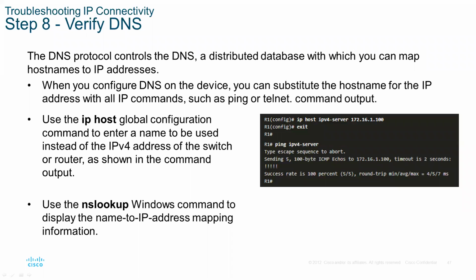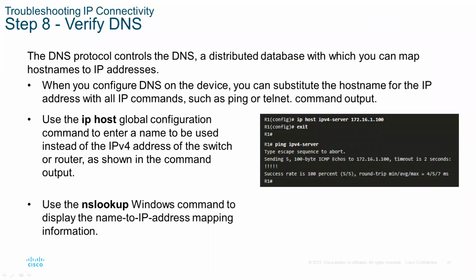Like we would create an IP host R1 and then list the IP addresses associated with R1. That way we could ping R1 and it will rotate through those addresses and allows us to get away with not remembering all of those addresses all the time.